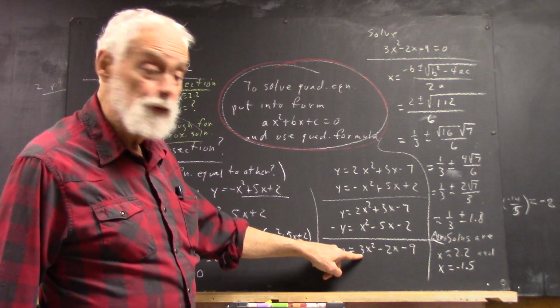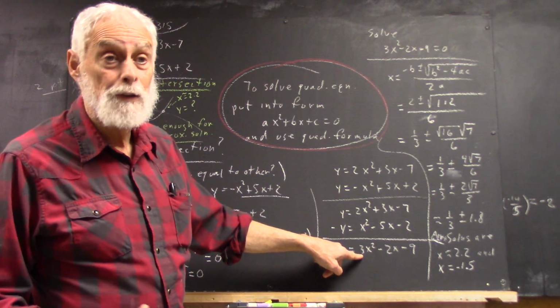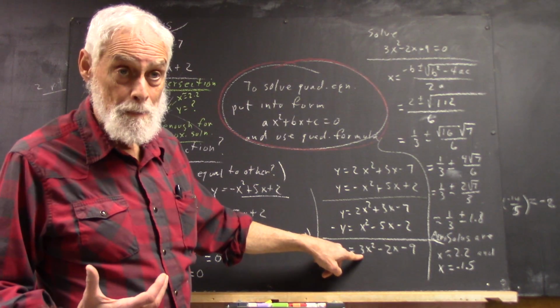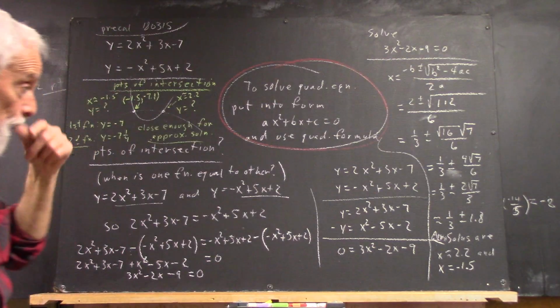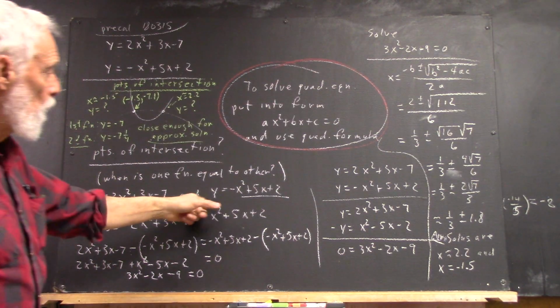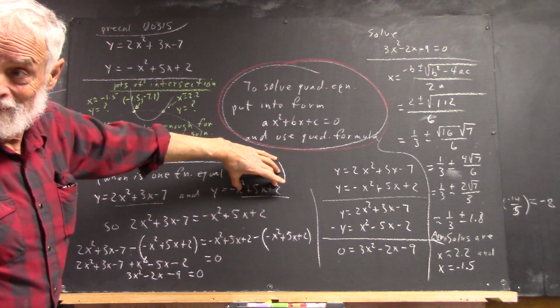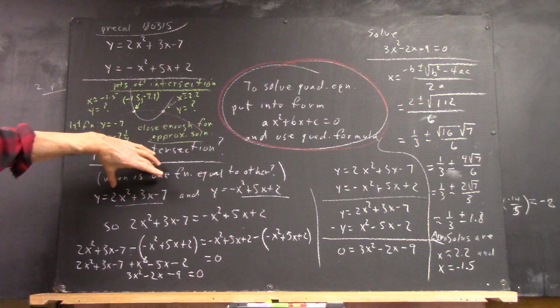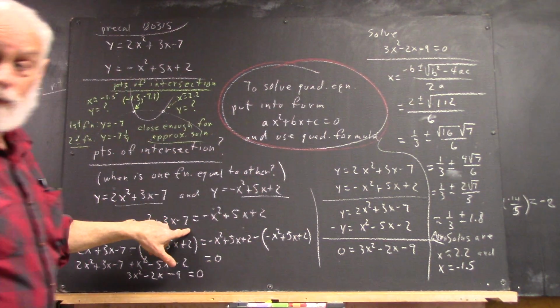And then if we solve this for x, we know the x coordinate of the intersection, right? Okay? Now that's closer to what you might be used to doing, but another thing you can do is you can say, well, if y equals this and y equals this, then this equals this. So we can set this expression equal to this expression and solve.